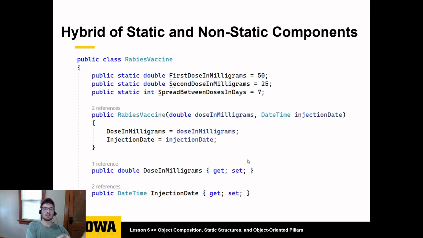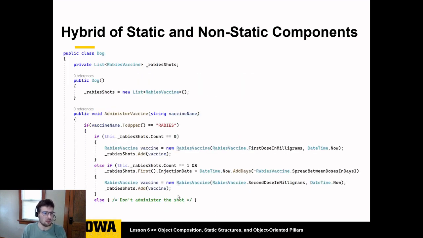Okay, so these components are globally true about all rabies vaccines. But now we can also create individual rabies vaccines to administer, and the definition for those is down here. None of these are marked as static. These represent how an individual rabies vaccine works in general. Okay, let's see that in use. So here we have the dog class, right?